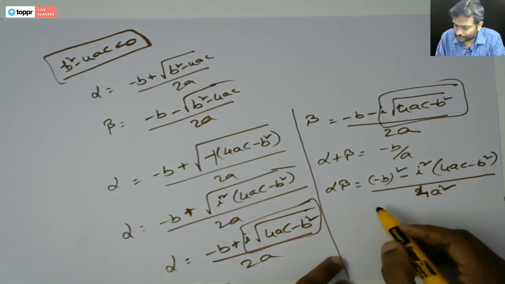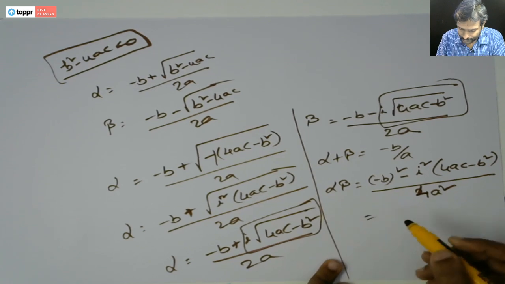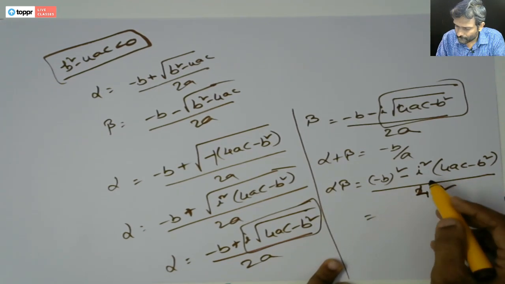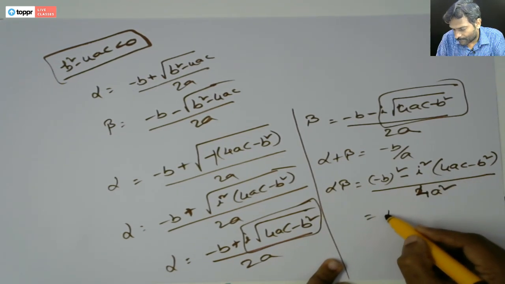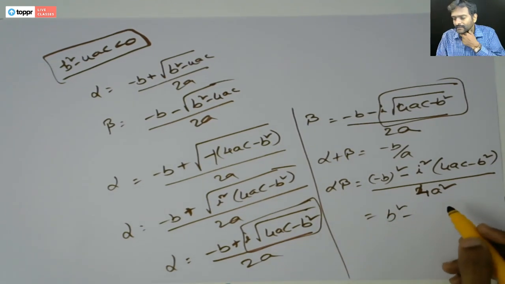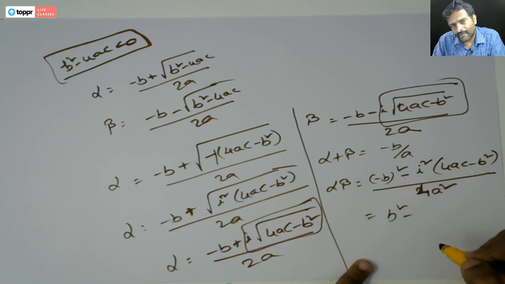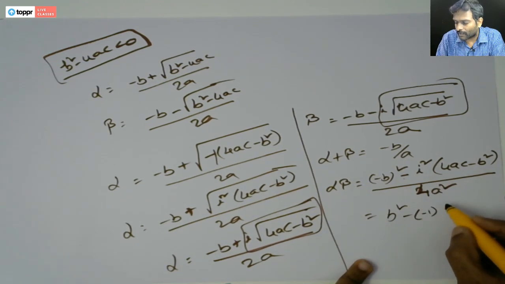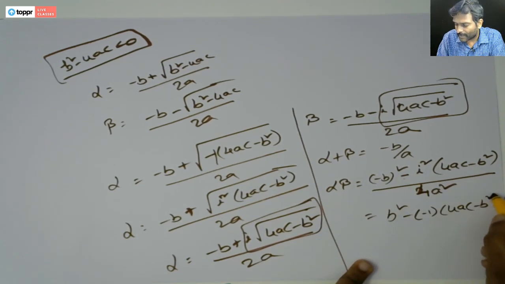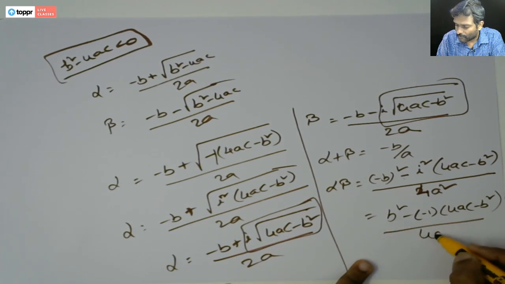Now if we look at this, this is b square minus, see here i square, what is the value of i square? Minus 1 times 4ac minus b square by 4a square.